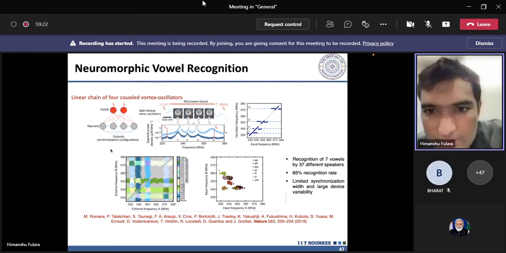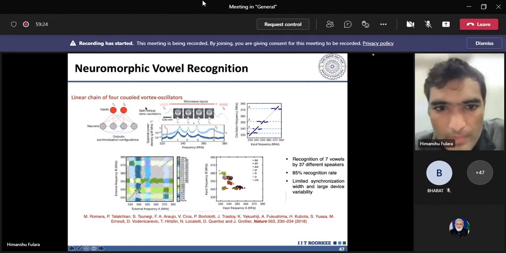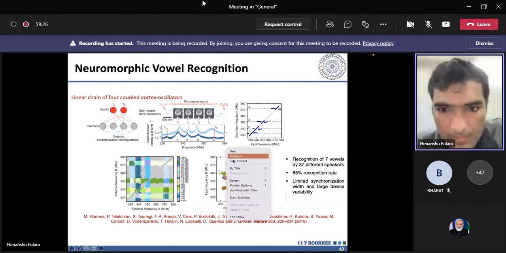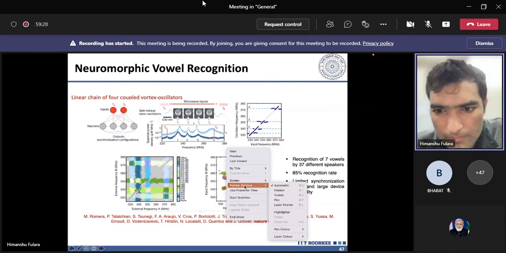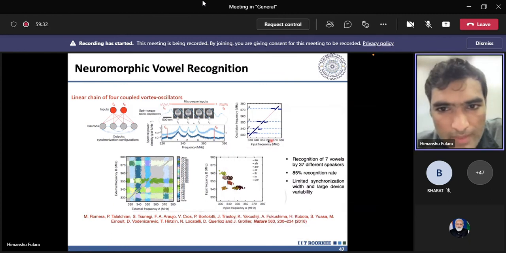If you see here, this is the input frequency and this is the oscillator frequency. When the first oscillator does not interact, nothing happens, but in this frequency range, this oscillator frequency synchronizes with the frequency of this oscillator.